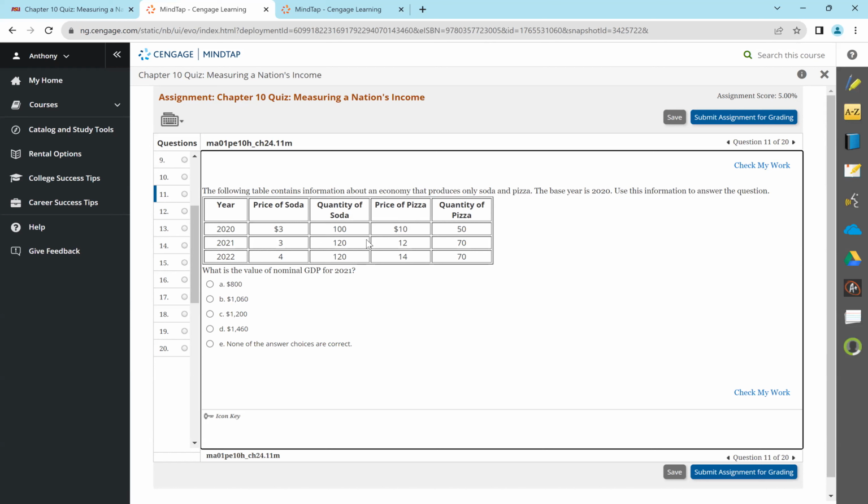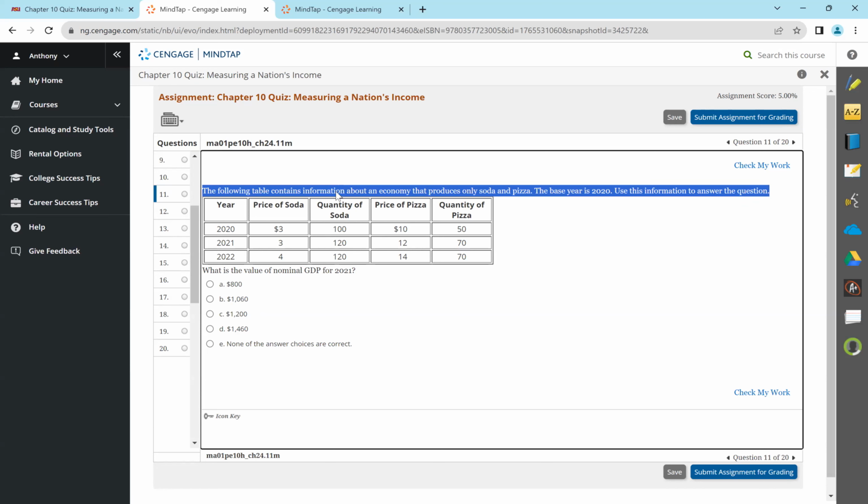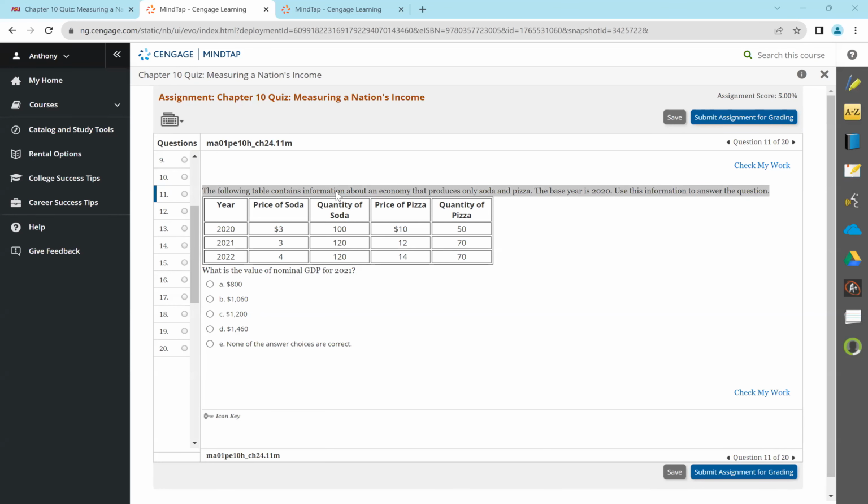Okay. So I have to look, because I believe you're supposed to use the base year prices for soda and pizza, but the quantities from the new year. So I'd like to check that because I don't know for sure.